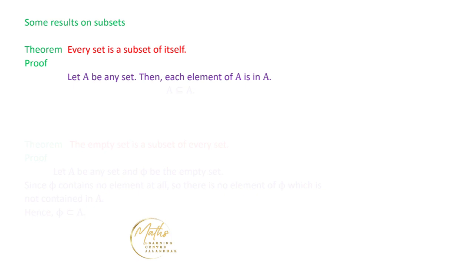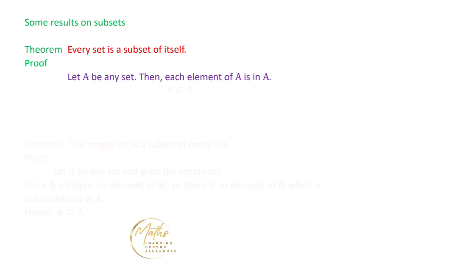Now next we have some results on subsets. The first result is that every set is a subset of itself. The proof is quite simple. Let A be any set. Clearly every element of A will be an element of itself.